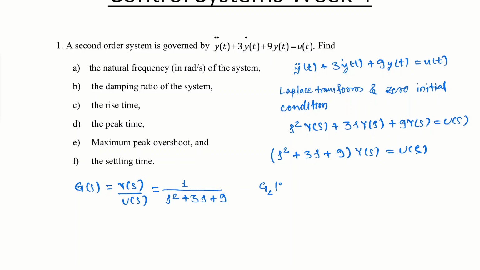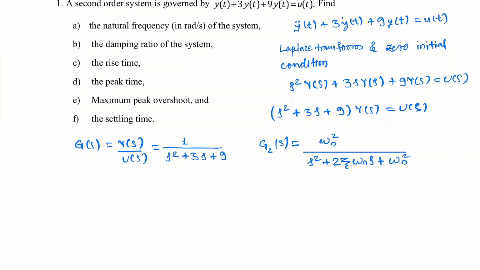So let me write g2 of s, which is the transfer function of a general second order system. It's omega n square over s square plus 2 zeta omega n s plus omega n square.